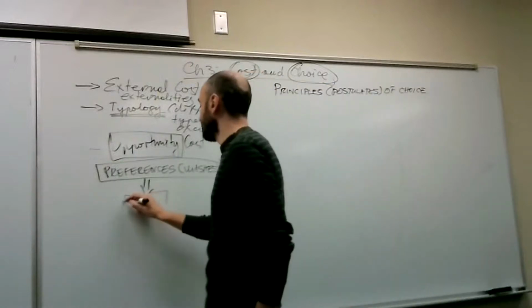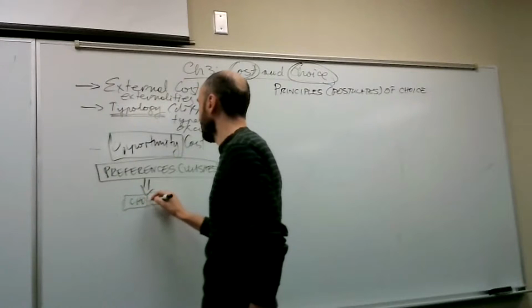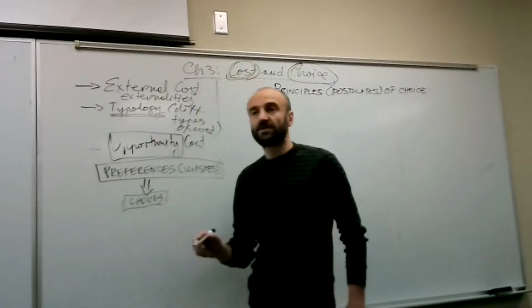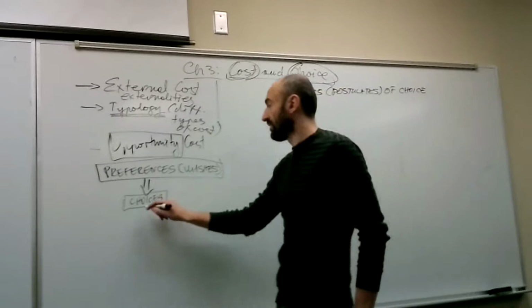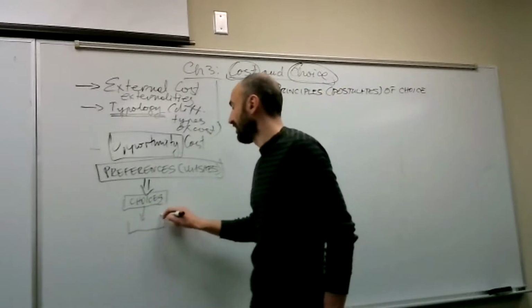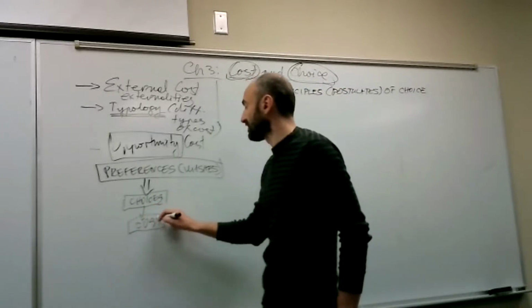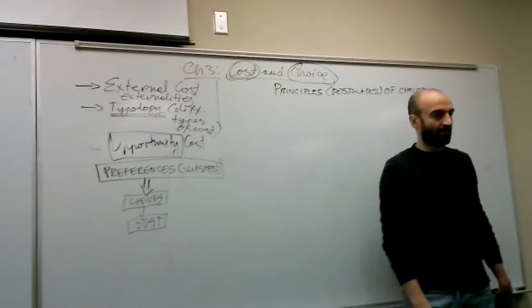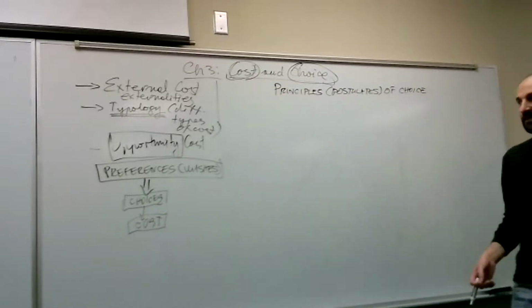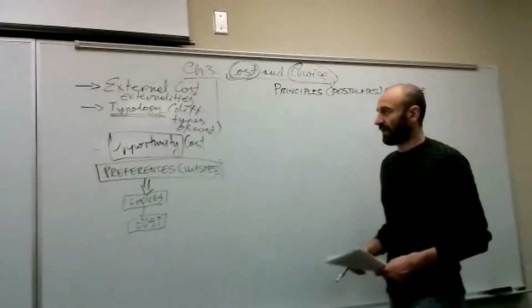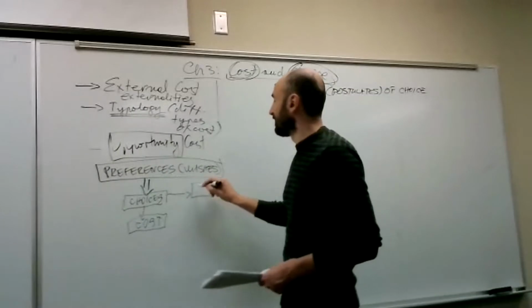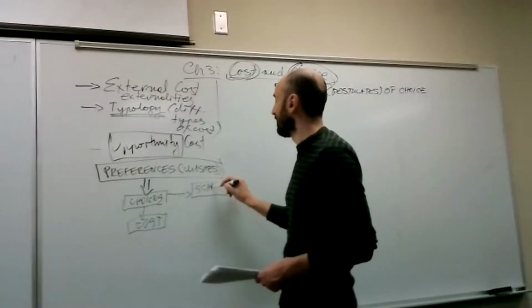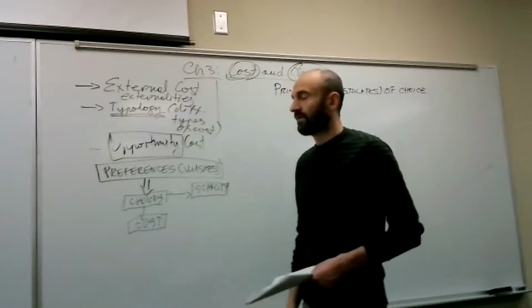Then we make choices based on our preferences, and we pay costs, which are opportunity costs, which means that we are sacrificing other possibilities, making choices in conditions of scarcity.